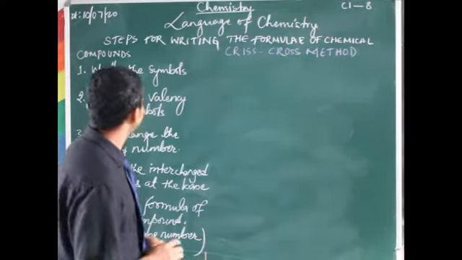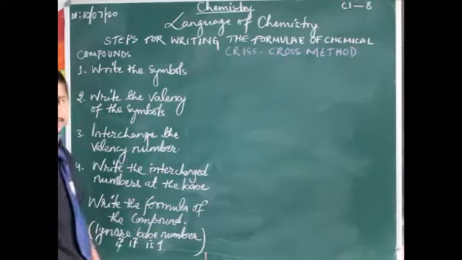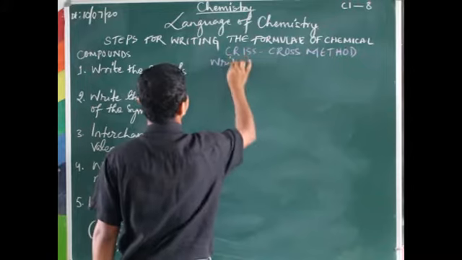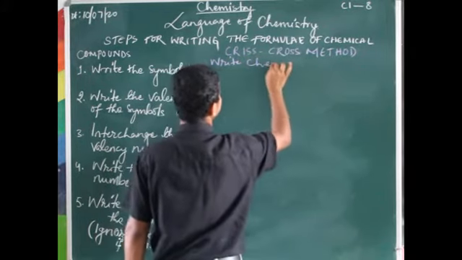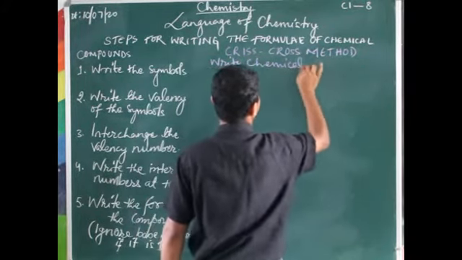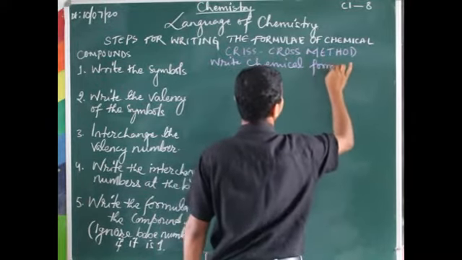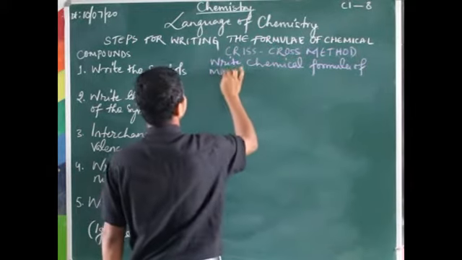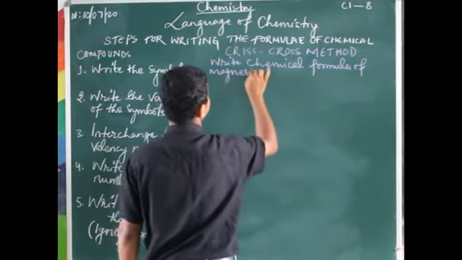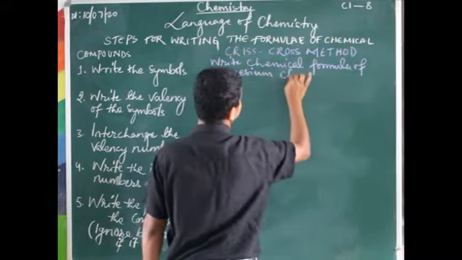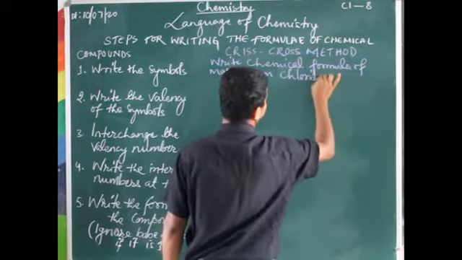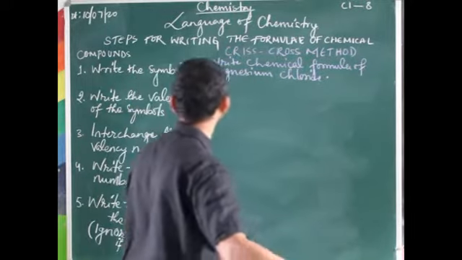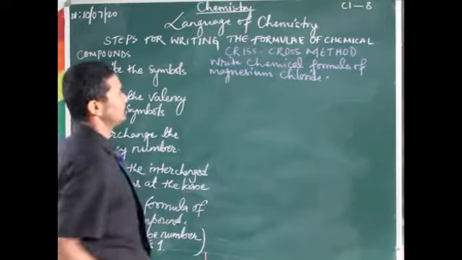Okay. Now write the symbols. First of all, let's write the chemical formula of magnesium chloride. Okay. So write the symbols.